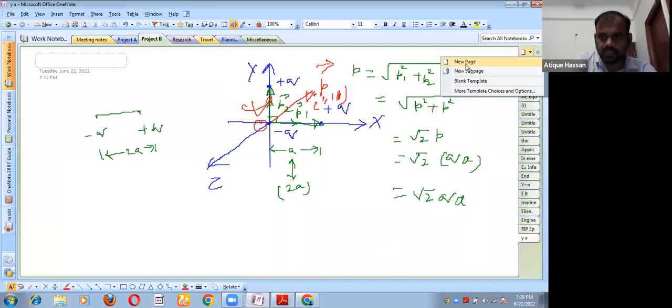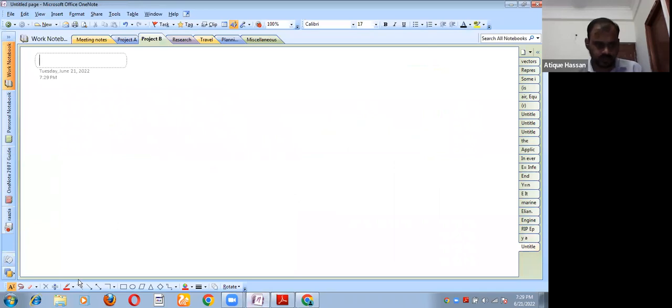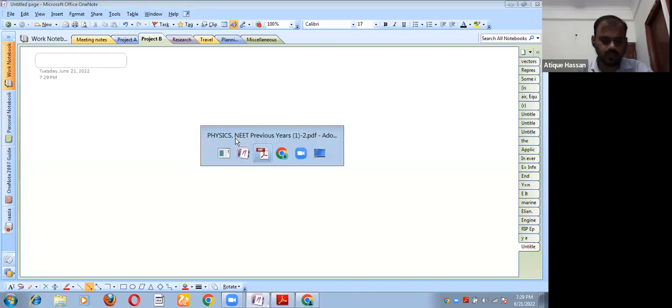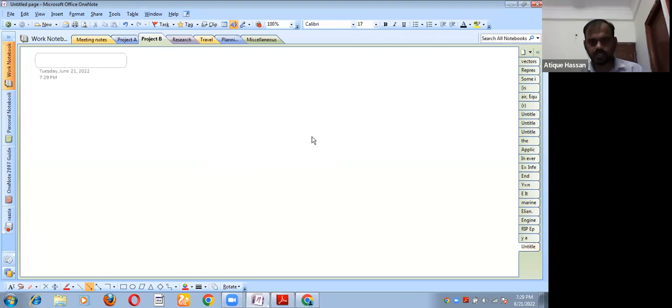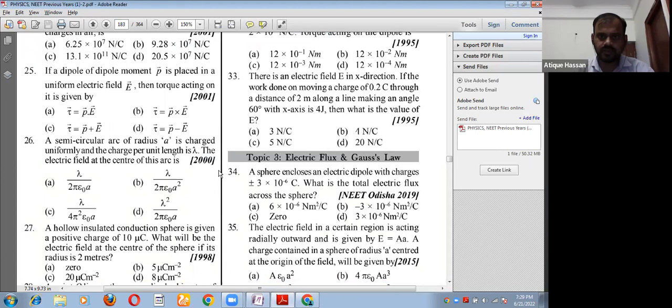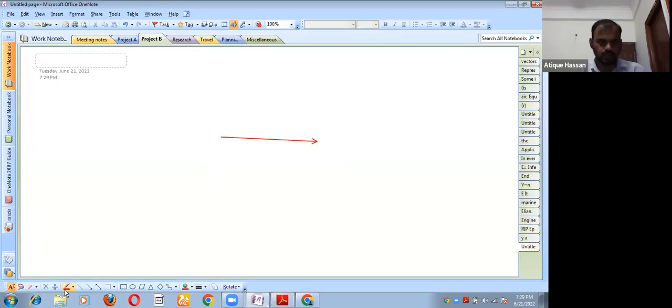So there is an electric field in the x direction. Suppose there is an electric field like this. We are moving along a line which is at an angle of 60 degree with the x-axis.